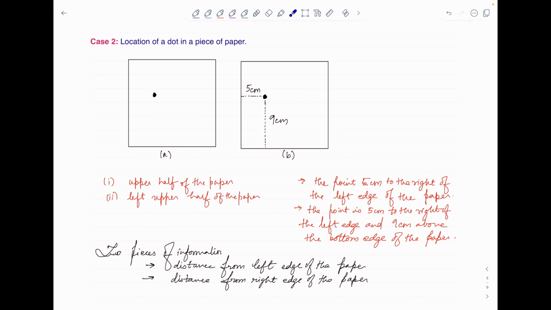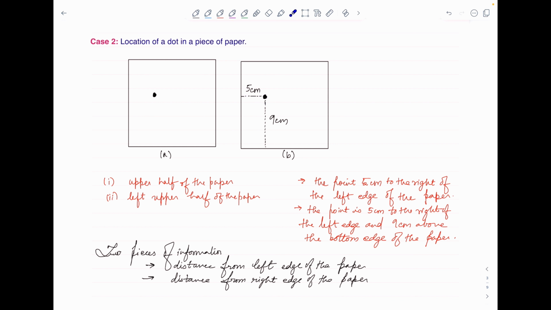Why? See, these left side and right side edges are parallel lines. So we know the distance between these two. So if you find one distance, this dot's distance from the left edge, we can find the distance from the right edge. It is not unknown now.